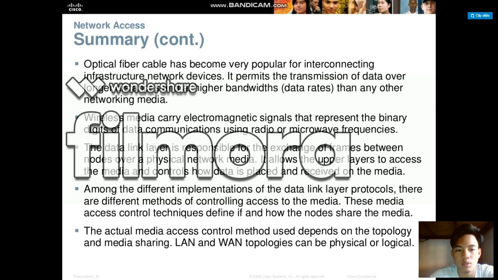When it comes to wireless media, it only uses electromagnetic signals in the microwave frequencies to transport data across different types of devices.